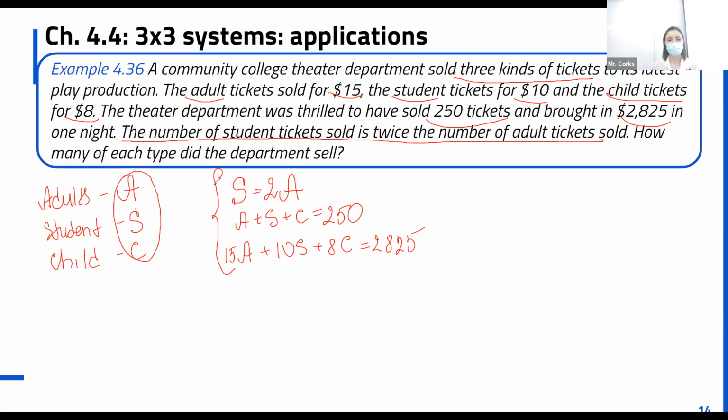For this task, actually, we have the easiest third equation that we can quickly substitute somewhere to get the 2x2 equation system. So let's substitute here what we have. A plus 2A plus C equals 250. So 3A plus C equals 250. Let's isolate C and then substitute.